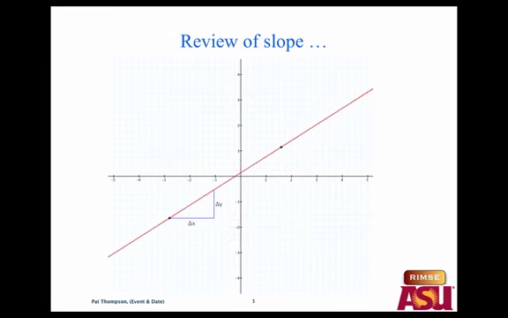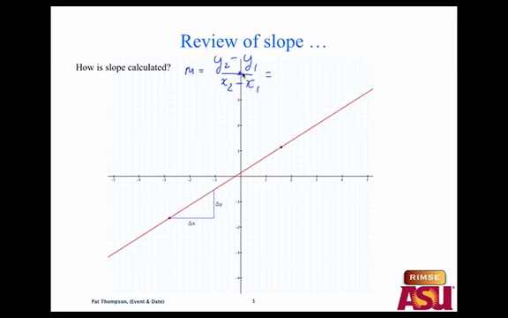Okay, review of slope. The first question is how is slope calculated? And so you've all had some kind of algebra in your past, and you remembered that slope was the change in y over the change in x, or y2 minus y1 over x2 minus x1.